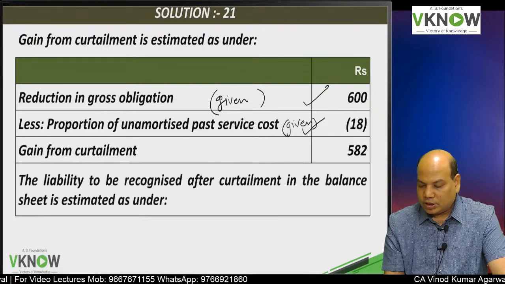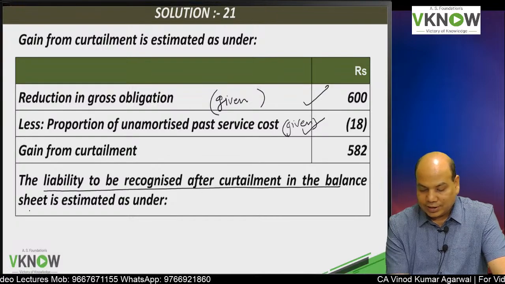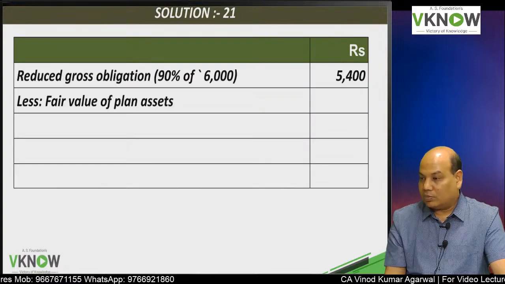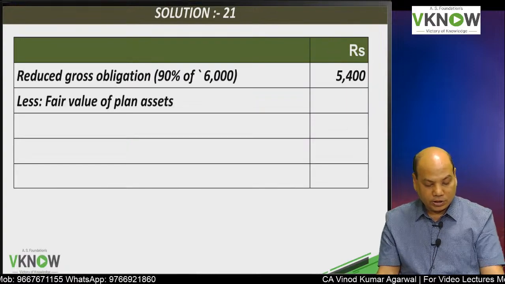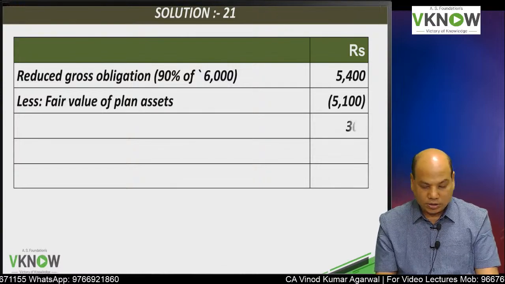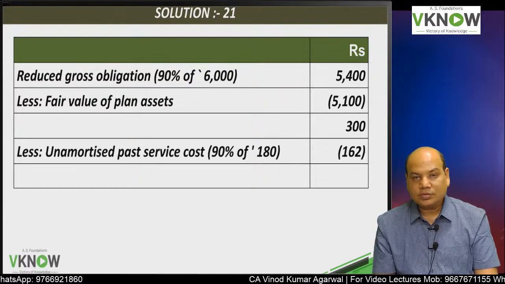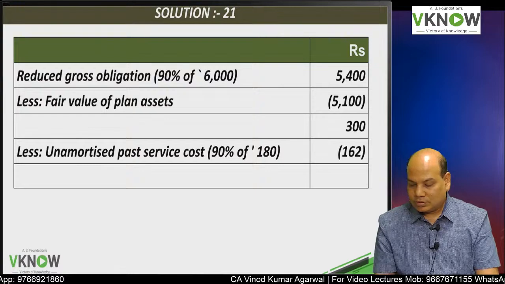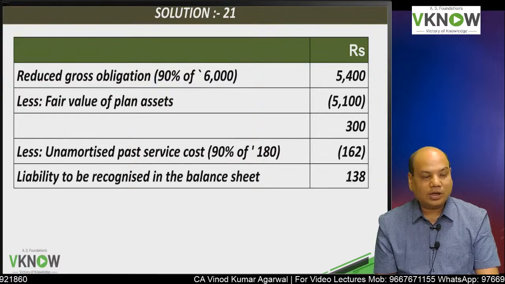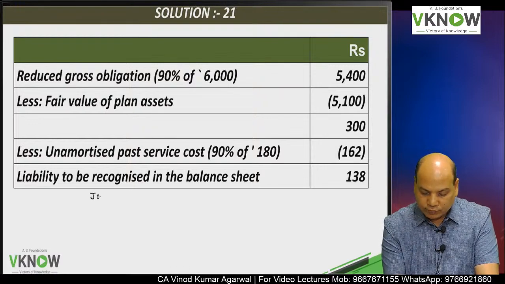So gain from curtailment is 582, and the liability will get revised in the balance sheet. So now your liability will be 5,400 minus fair value of plan asset 5,100 minus unamortized past service cost 162, and therefore the liability in the balance sheet is 138. One more thing I will give you for your benefit.